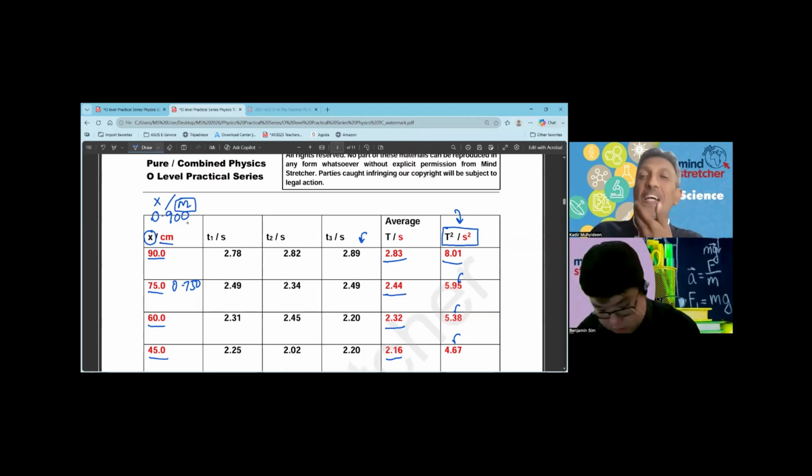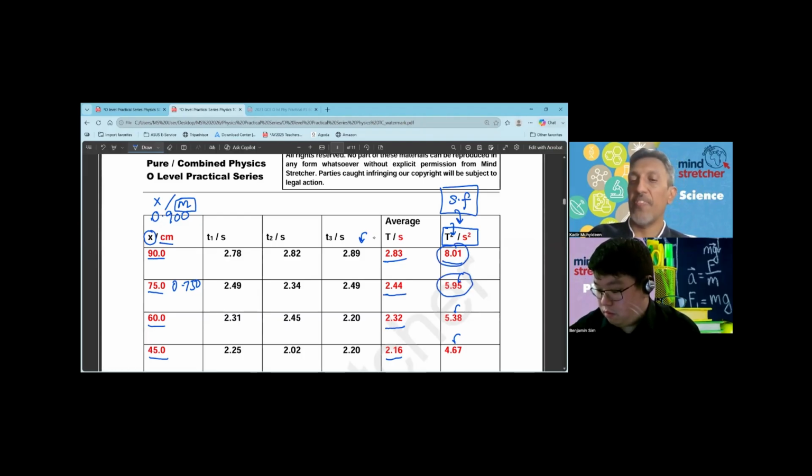Okay. Now, let me emphasize the question again. The reason why the t squared is here is just to highlight that important question. Am I recording it to the same DP? No, I must follow SF here. Because the original values are all 3 SF, I calculate it to 3 SF also.